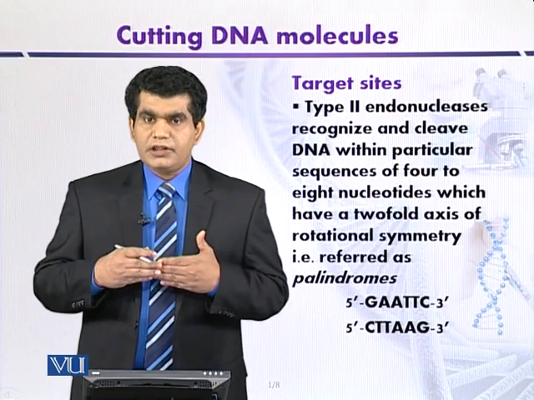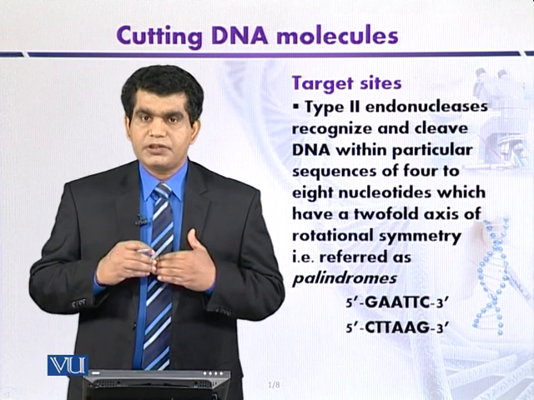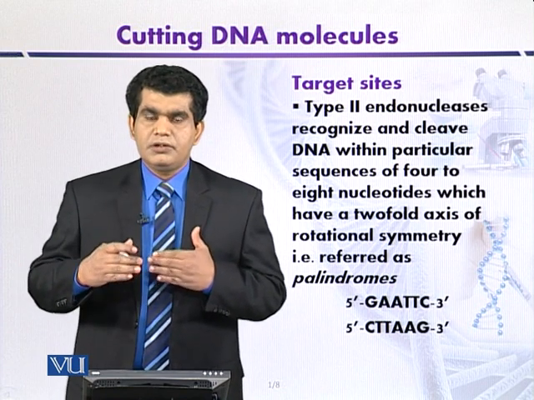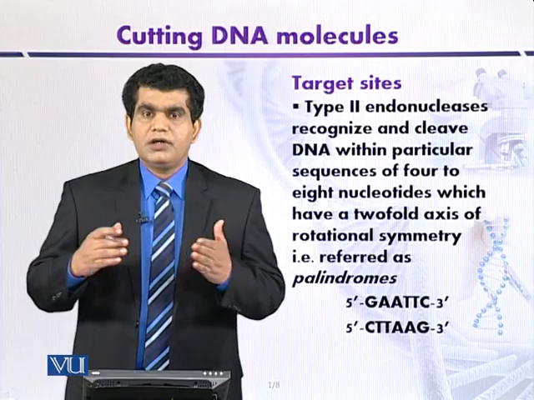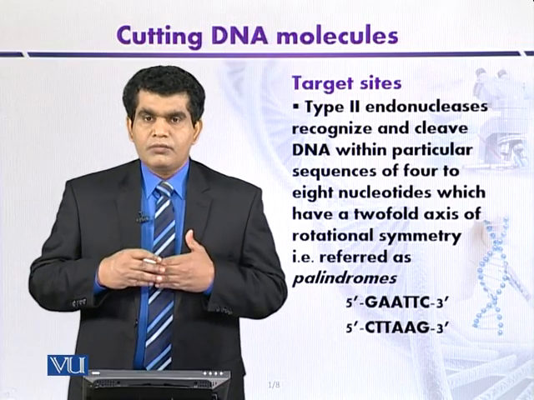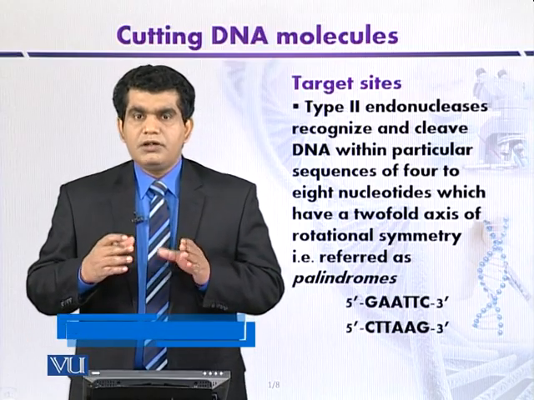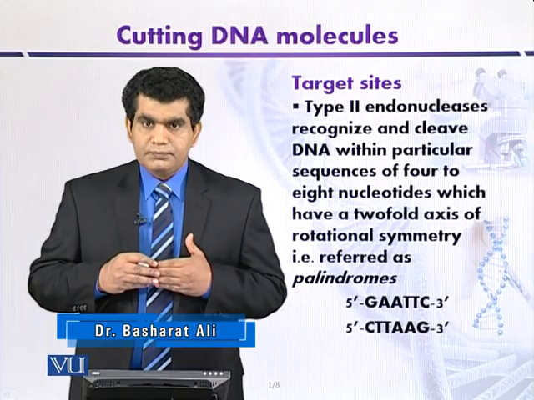Simply we can say that they recognize nucleotide sequences at specific sites, which may be 4 base pairs, 3 base pairs or 6 base pairs long, having rotational symmetry or palindromic sequences.